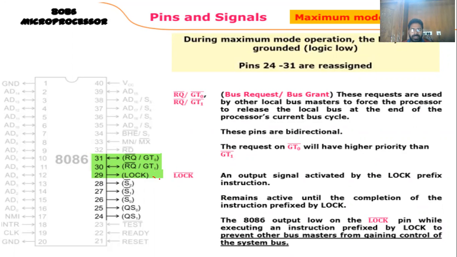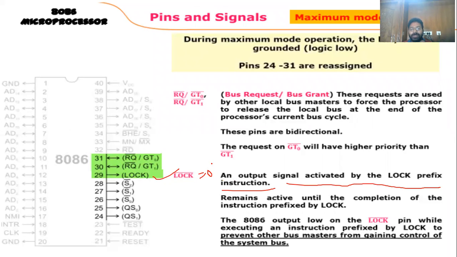Then the LOCK signal is also there. What is the meaning of LOCK? It is an output signal activated by the LOCK prefix instruction. If the microprocessor is performing one instruction and you make this pin 0, the microprocessor completes that instruction first, and only then comes back to the next instruction or operation.